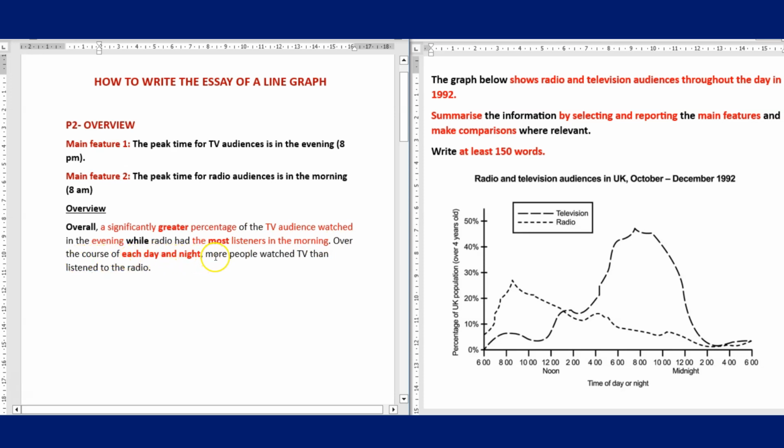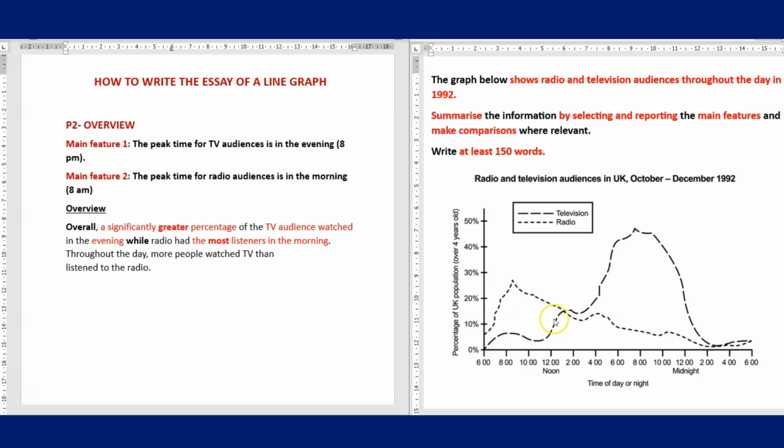Now a second one: over the course of each day and night, more people watch TV than listen to the radio. So throughout the whole day, there were a lot of people who actually watch TV rather than the radio. So throughout the day, more people watch television than listen to the radio.